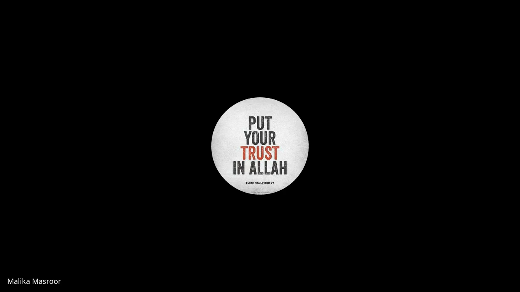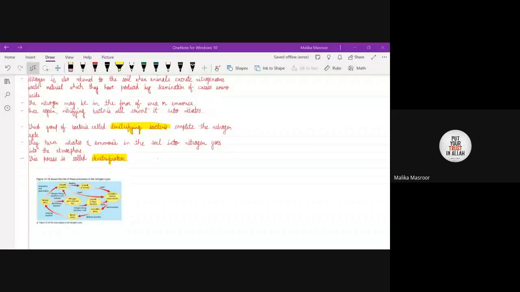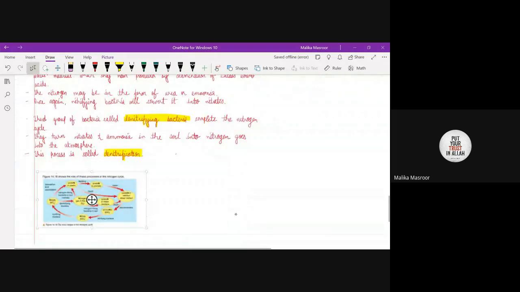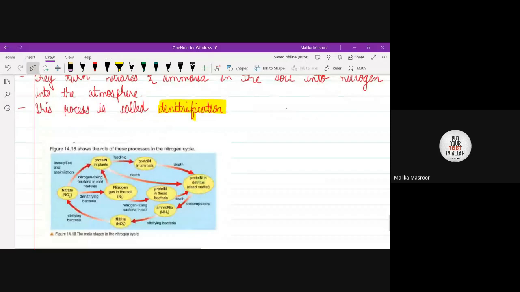Okay, yes. All right, here. So look at this diagram. This is nitrogen gas in the soil. Sorry. Okay.